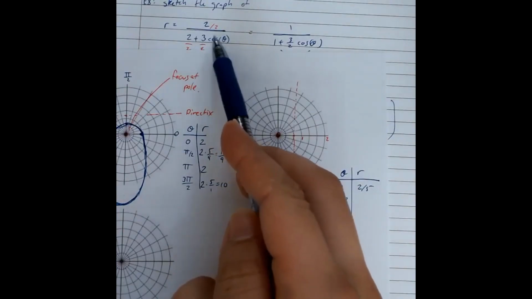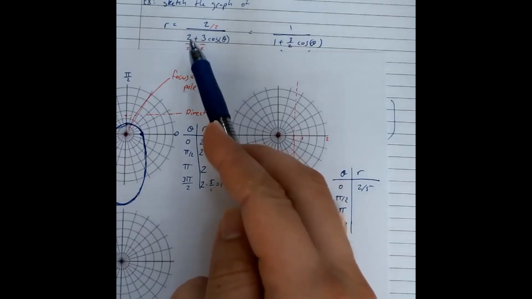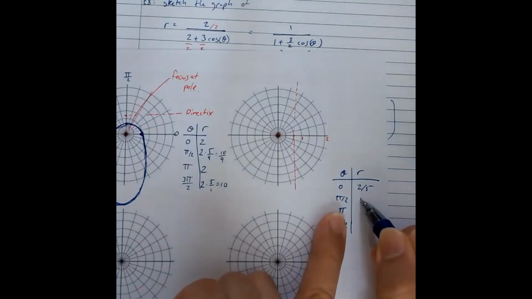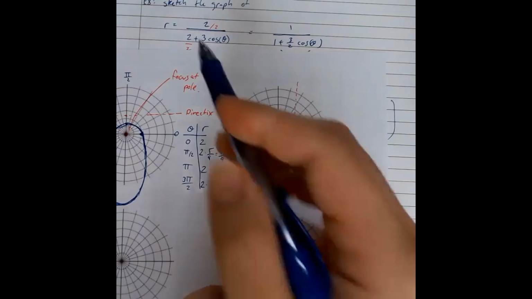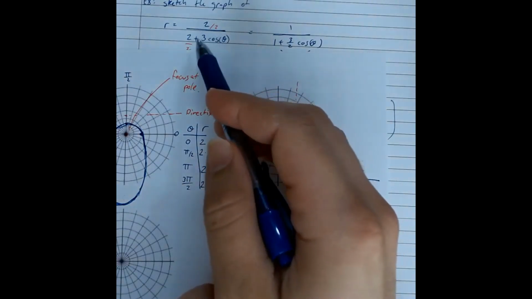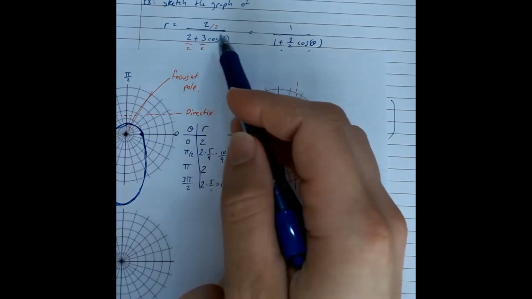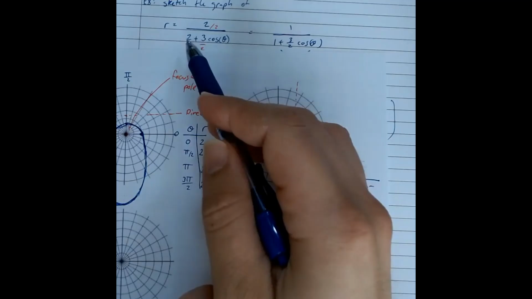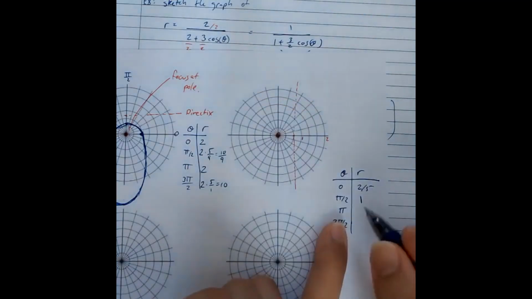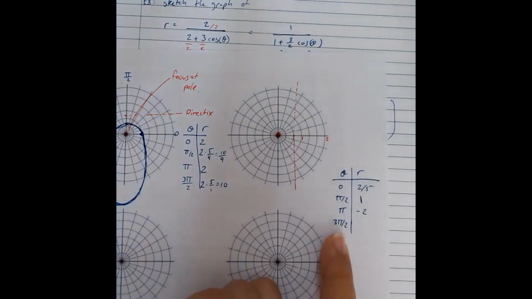And so 3 times 0 is still 0, plus 2 is just the number 2. So you have 2 over 2, which is the number 1. If you use pi, the cosine of pi is negative 1. So negative 1 times 3 is negative 3. And negative 3 plus 2 is negative 1. So I'm going to have a positive 2 over a negative 1, which is a negative 2.